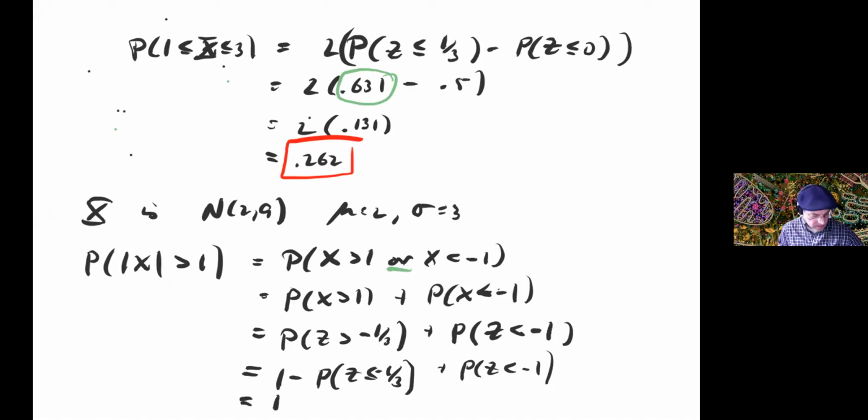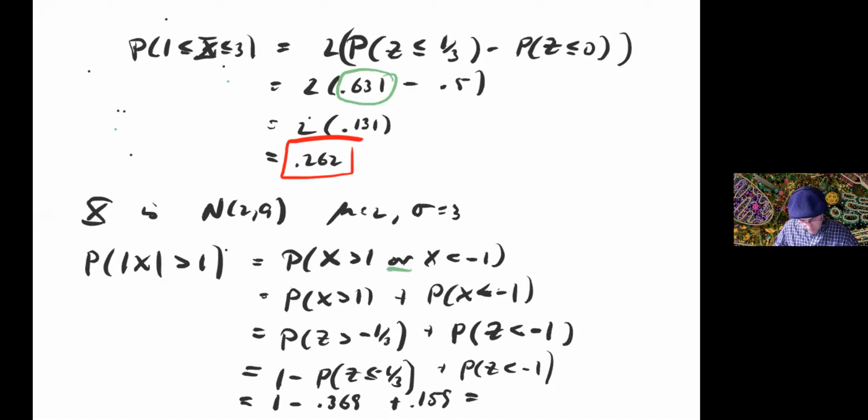So you get 1 minus, and now what's coming is from the calculator, 0.369 plus 0.159, and what is that equal to? So that's equal to 0.79, so that should be the answer.